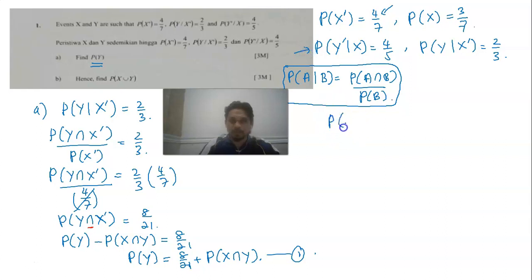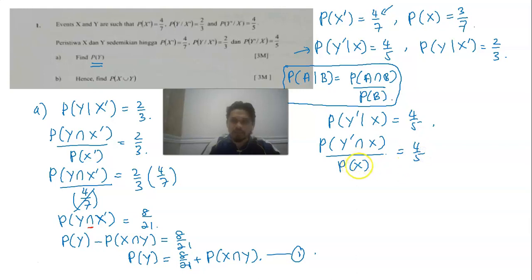The probability of Y complement given X equals 4 over 5, and we define this as the probability of Y complement intersect X divided by the probability of X equals 4 over 5. The probability of X we already have, which is 3 over 7.